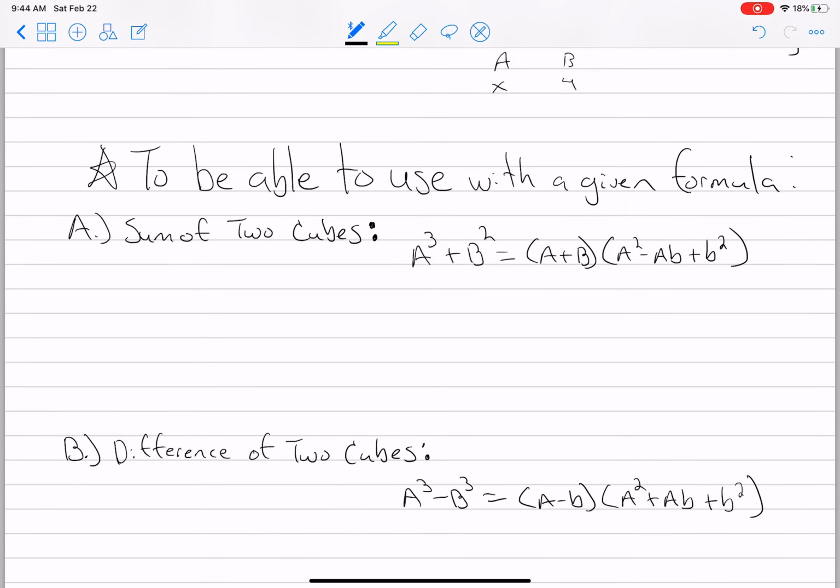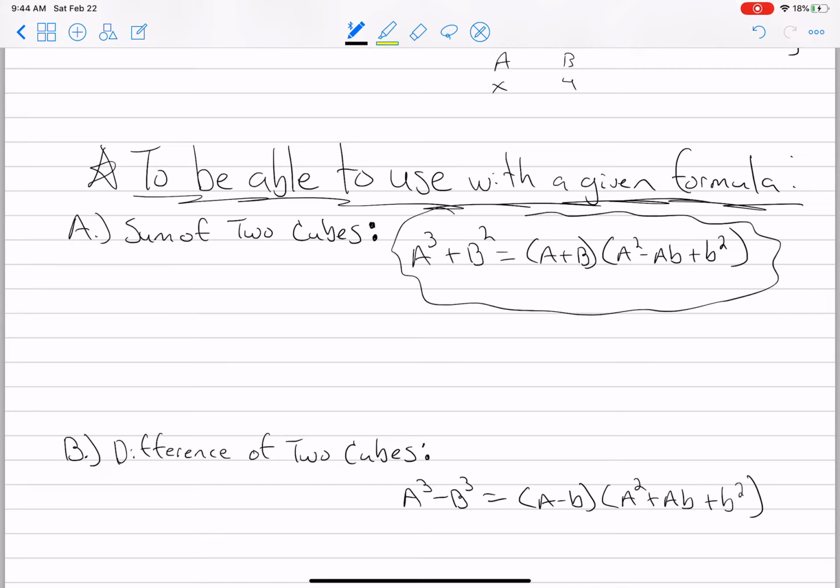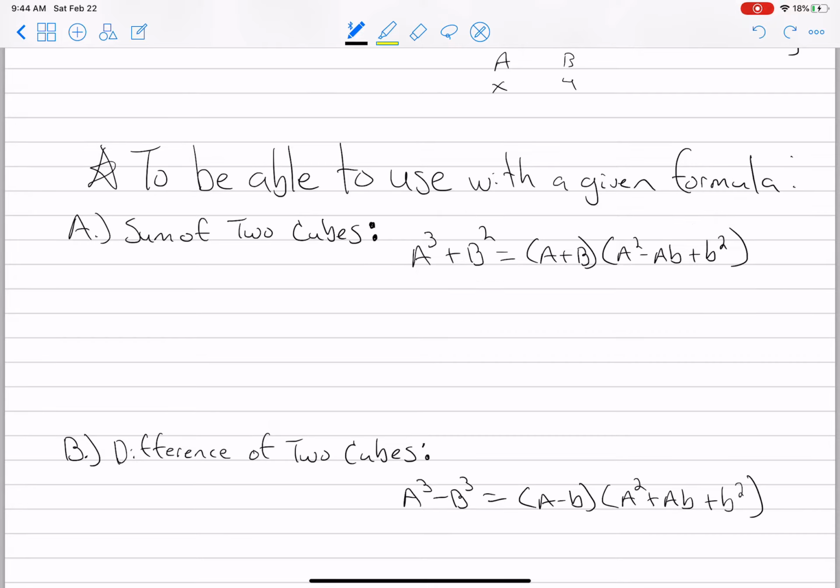Okay? Moving on. These next two, you need to be able to use with the given formula. You do not have to memorize this formula right here. You just have to know what it means and how to use it and how to recognize when you should use it. So this is the sum of two cubes. Sum meaning addition.